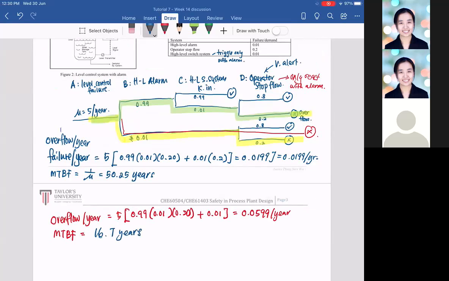So meaning every 16 or every 17 years, you'll definitely experience one overflow incident. Why is this data important? Anyone? Any idea? Why are we talking about overflow every 50 years or every 16 years, just by having operators who are alert or not alert?